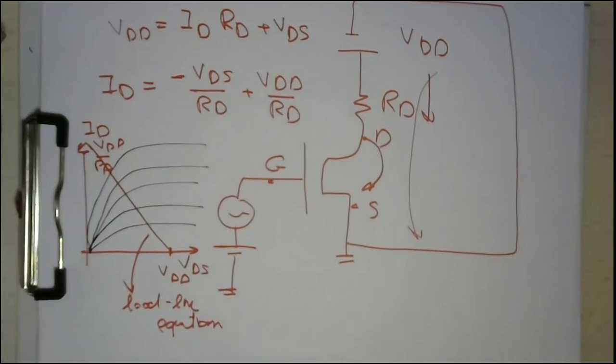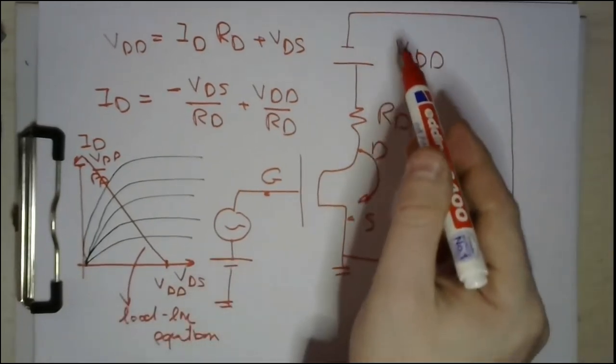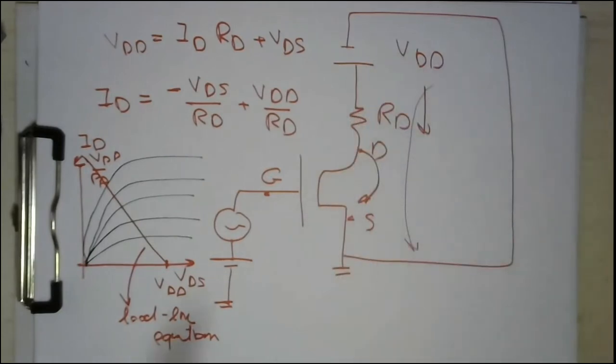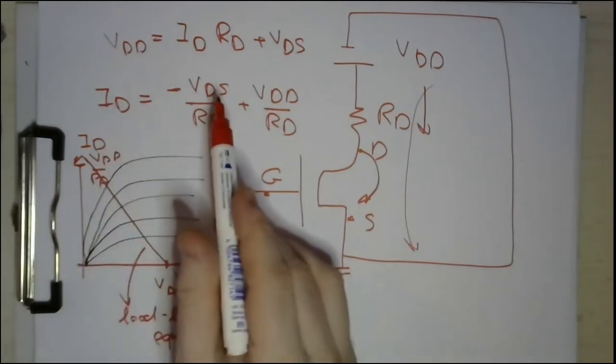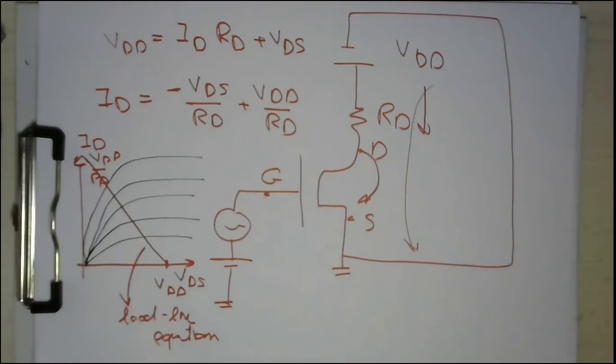The load line equation is the equation extracted from a KVL analysis over the drain source branch. It's usually an equation linking the ID with the VDS. Then, by plotting this equation, you can reach what we call the operating point of a MOSFET.